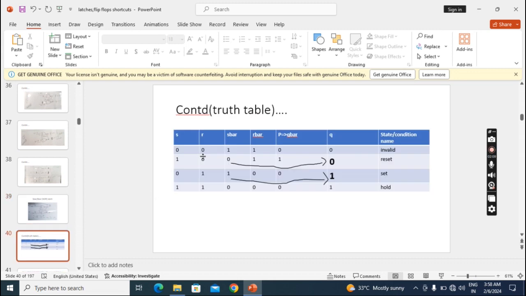Like that, when I apply 1 0 SR, S bar R bar becomes 0 1, so the circuit becomes reset. And when I apply 0 1, S bar R bar becomes 1 0, the circuit becomes set. So this is the Q value. When I apply 1 1, finally S bar R bar becomes 0 0, so the circuit becomes hold. Okay, this is the operation of the S bar R bar latch.